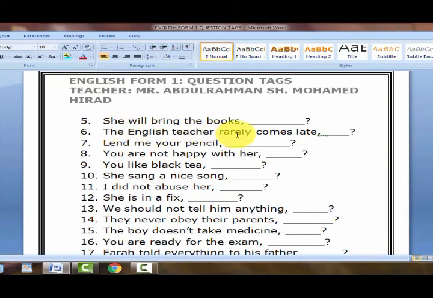The English teacher rarely comes late. Lend me your pencil. You can see it falls under the clause of a request. You are not happy with her. You look like a black tea. She sang a nice song. Note the verb. I do not abuse her.